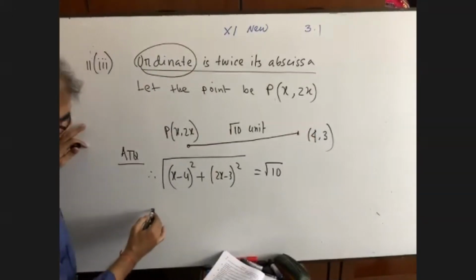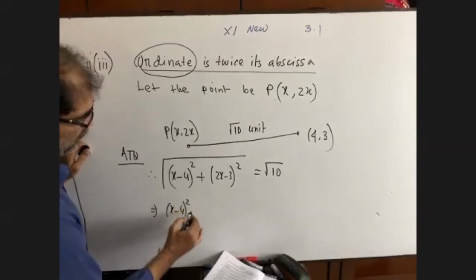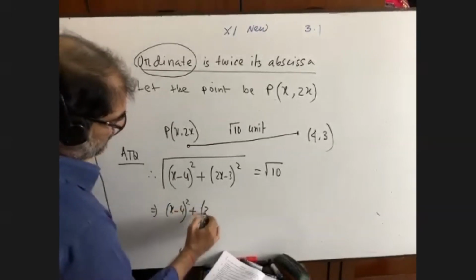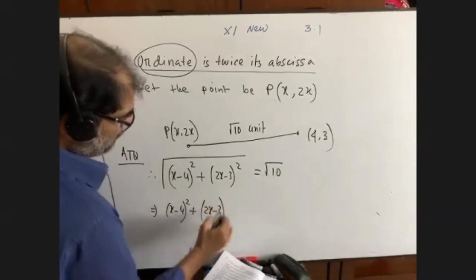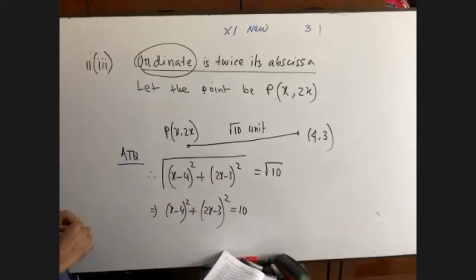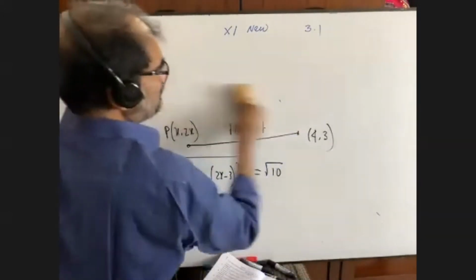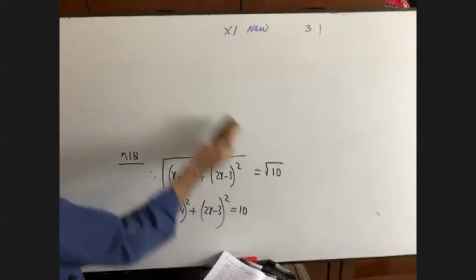So we are getting here x minus 4 whole square plus 2x minus 3 whole square is equal to 10, by squaring both the sides. Now normal calculation can be done very easily.